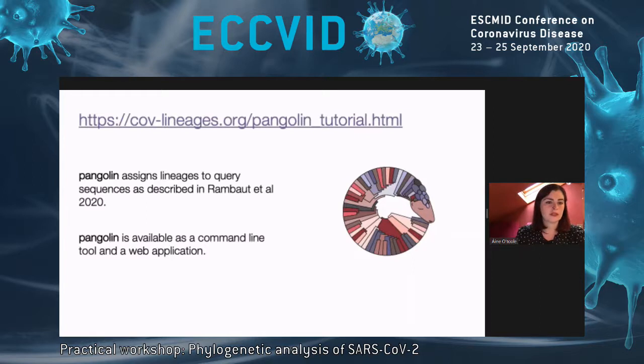Pangolin is a tool that assigns lineages to a set of query sequences using the lineage nomenclature. We have Pangolin available as a command line tool, and if you're familiar with the command line, you can configure different settings and quality control levels. It's also available as a web application.